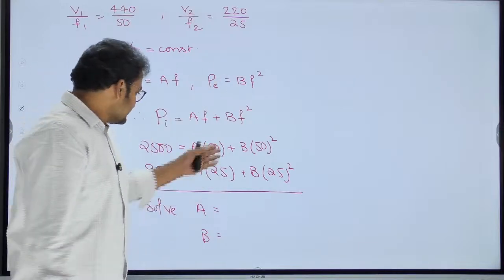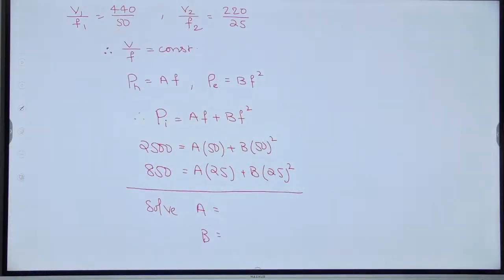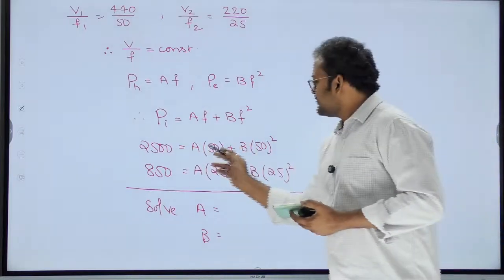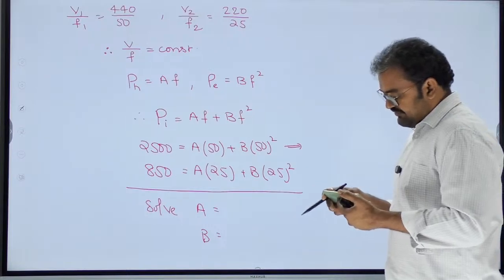So let us solve these two equations. Let me get my calculator. You can try and let me know in the chat. So what I'll do is that first equation I will divide with 50 on both sides. What if I divide 2500 with 50?